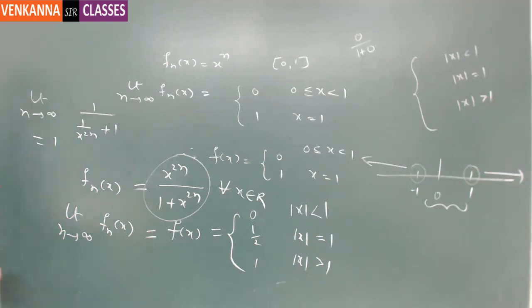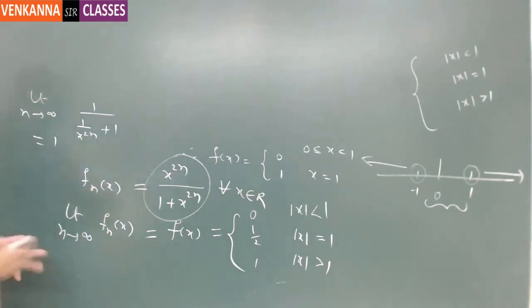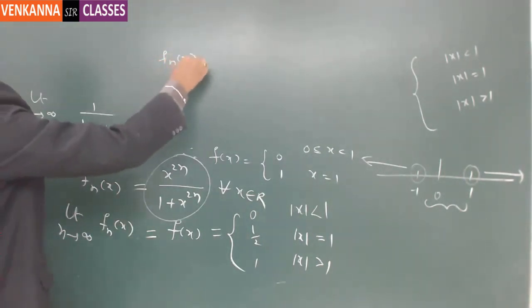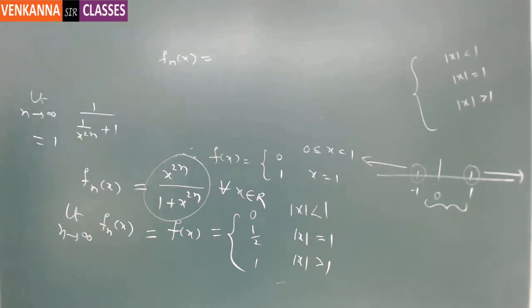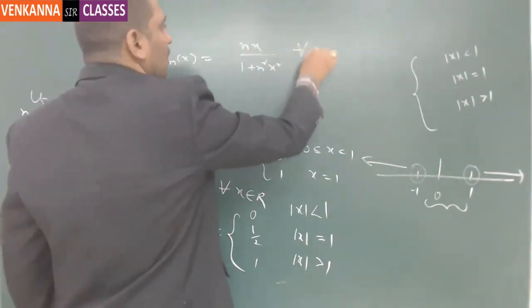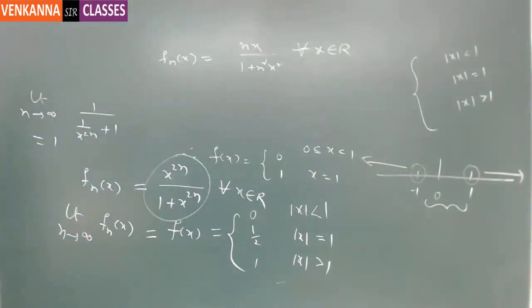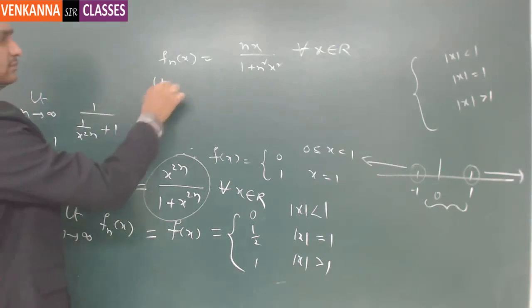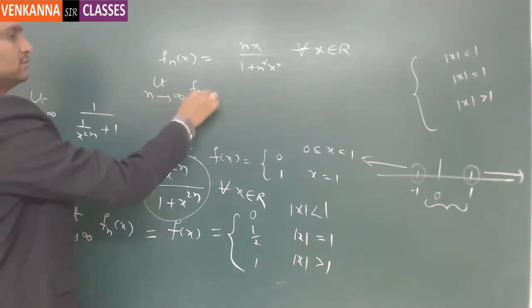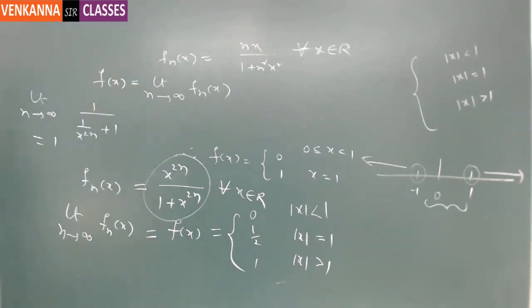For example, take the sequence of functions fn of x as nx by 1 plus n square x square, for all x belongs to R. Now if you calculate the limit, f of x is equal to limit n tends to infinity fn of x.